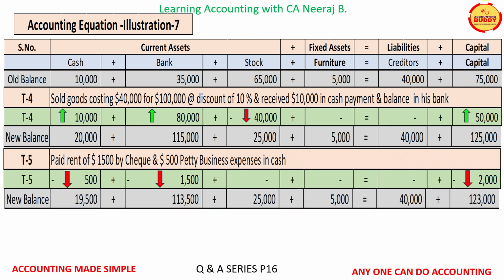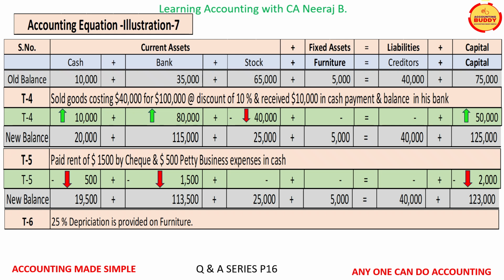Post T5 transaction, the new accounting equation will have cash of $19,500, bank balance of $113,500, stock of $25,000, furniture of $5,000, totaling to total assets of $163,000 on the left hand side of the accounting equation. And on the right hand side, we have $40,000 of liabilities and $125,000 of capital.